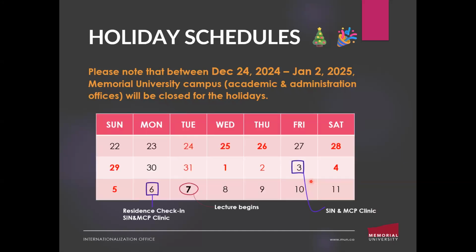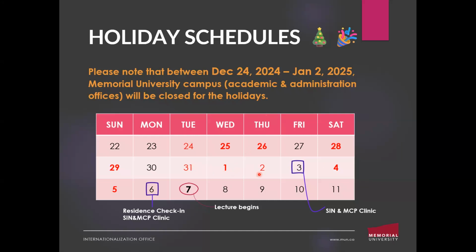So this is a calendar, as you can see, starting the afternoon of the 24th, Christmas Eve, and then Christmas Day, Boxing Day, New Year's Eve afternoon probably, and then January 1st.